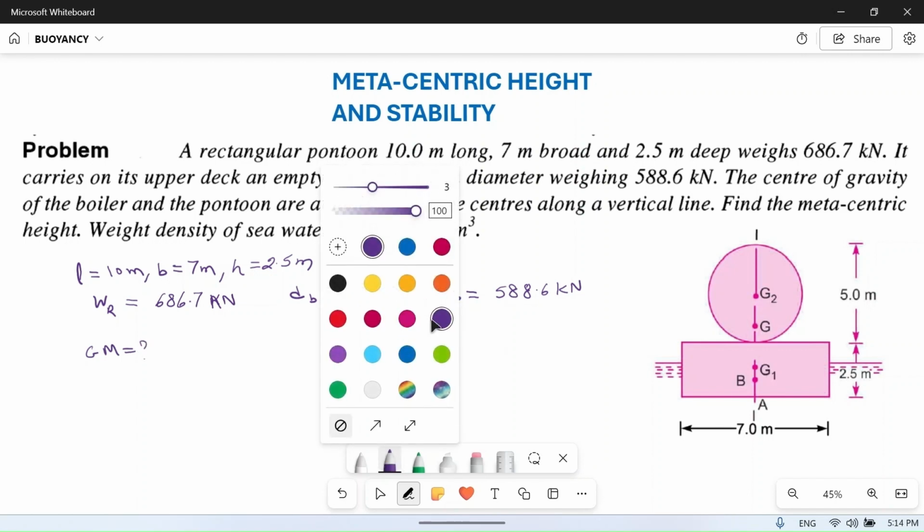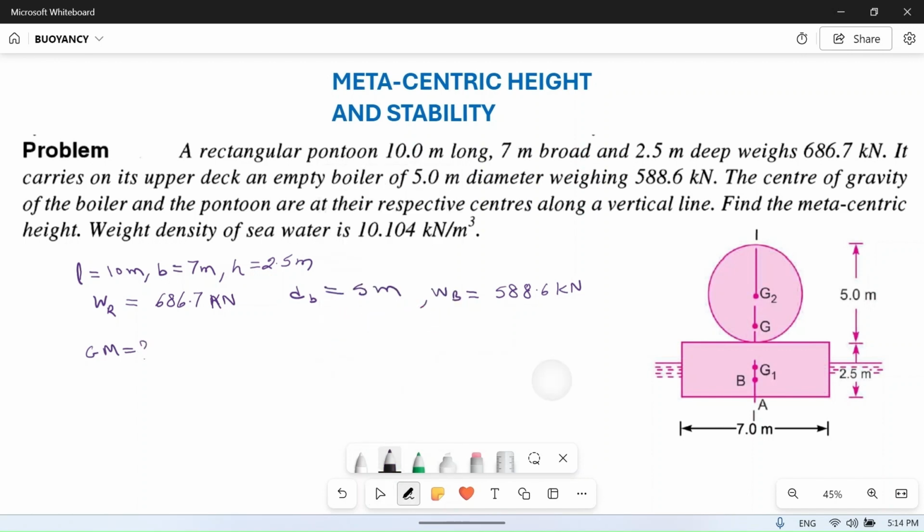Okay, now second thing is weight density of seawater is 10.104 kilonewton per meter cube. So this is weight density of water. So W of water is equal to 10.104 kilonewton per meter cube.